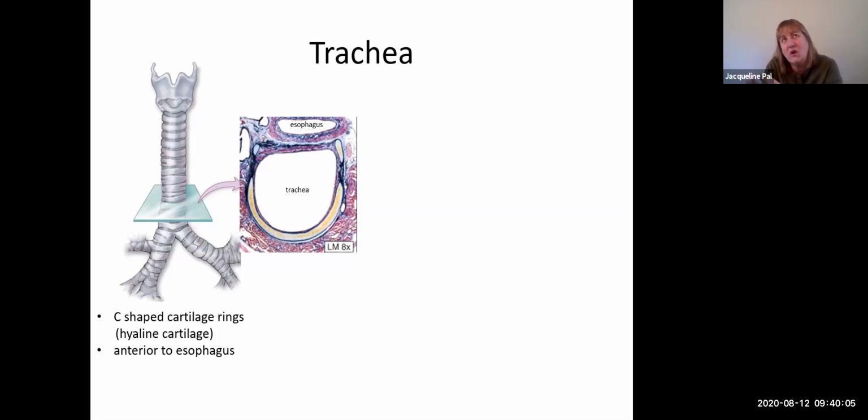So here's my question to you that you should probably ponder for a while. Knowing that the cartilage is necessary to keep the trachea open when you're unconscious, and knowing that the cartilage grows appropriately as you grow in size, why is it C-shaped and not an entire circle?